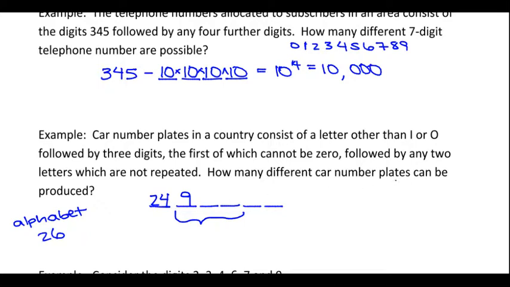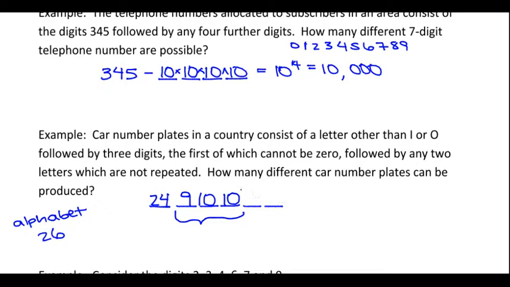Oh, whoops, that's the last part, sorry. So 3 digits, the first can't be 0. So this was our digit that's not 0. For the next 2, it doesn't give us any restrictions. So there are 10 possibilities for each.